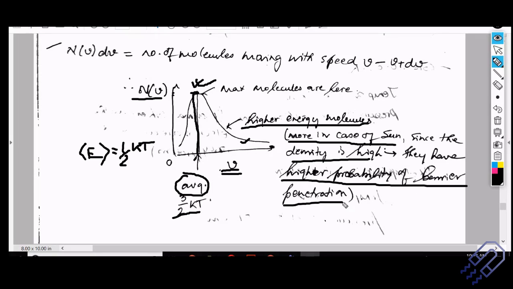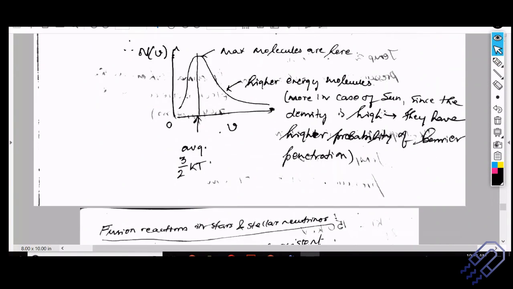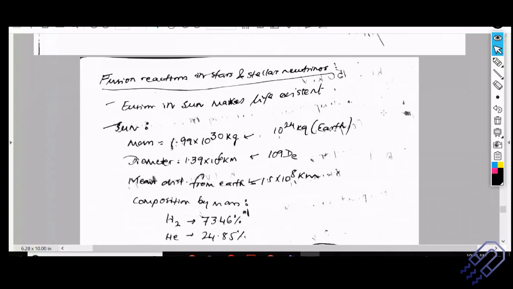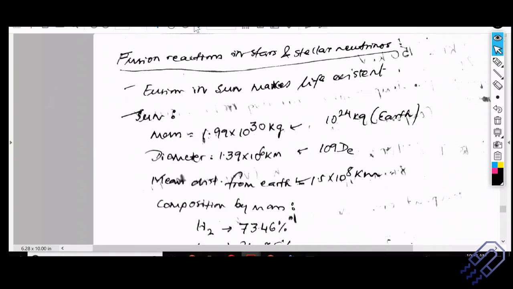Energy is this, but then there are also higher energy molecules which will result in a fusion reaction. Okay, so this is a very basic theoretical idea. And based on this, we can actually talk about the cycles that happen in the sun. So this is the basic of nuclear fusion, and this is what the mathematical idea is all about. Okay, so let's have a look at the fusion reaction that is happening in the sun.